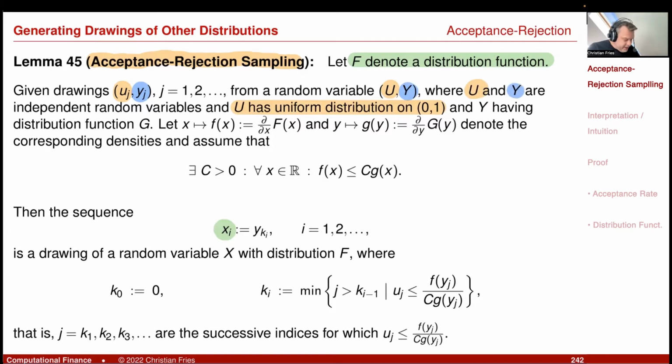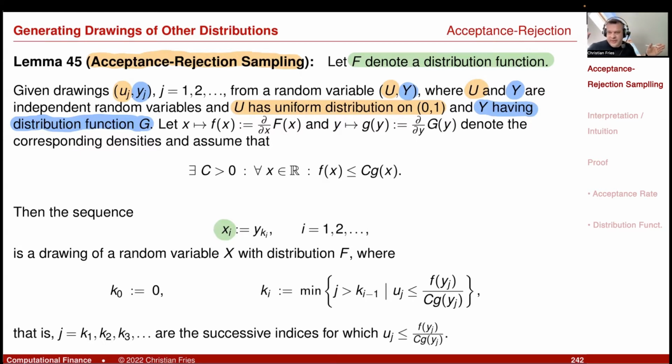And Y is a G distributed random variable. So maybe I need a second generator that now allows me to generate this second component, and this second component should be a drawing of a G distributed random variable, Y. Maybe later we see that this Y could be created by an inversion method, applying G to the power minus 1, the inverse of G, to some V, and V is again a uniform.